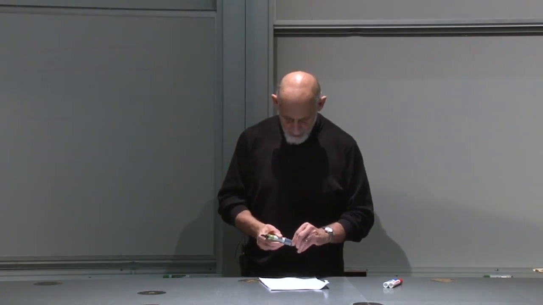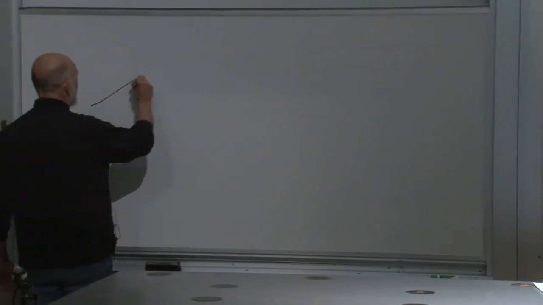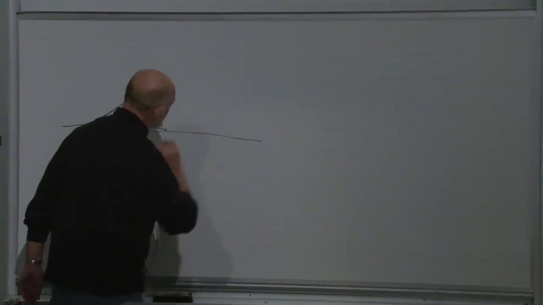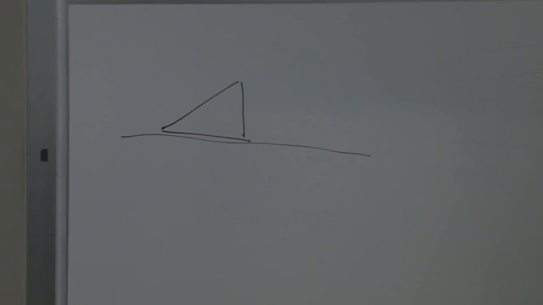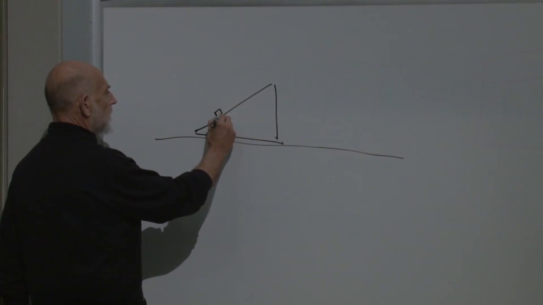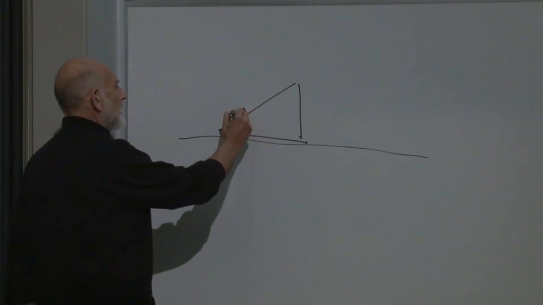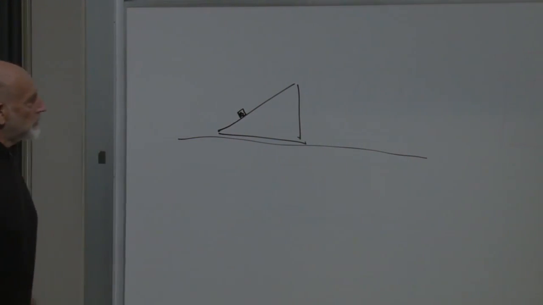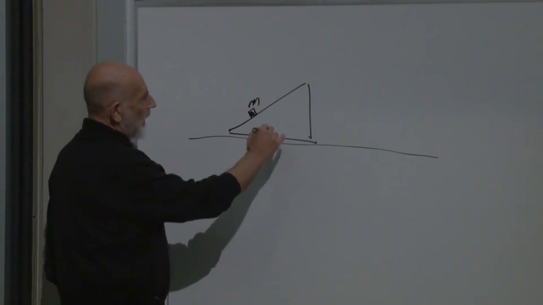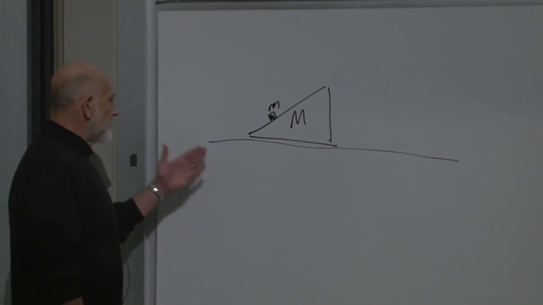So let's begin with the simple problem of an inclined wedge sliding on a frictionless plane, and it has another object sliding up and down it, which for our purposes I'll just take to be essentially a point particle. The point particle has mass little m, the wedge has mass big M, and you can set it in motion.